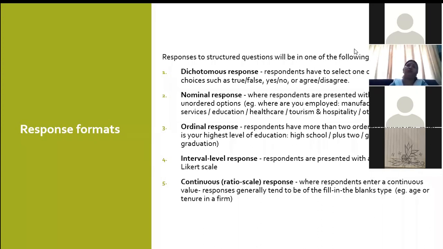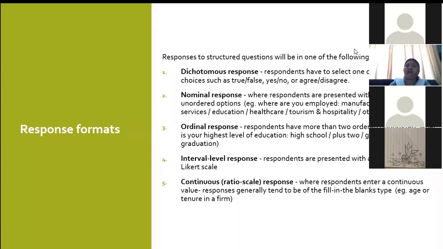So the second option, +2, is higher. Graduation is a still higher option. Post-graduation is another still higher option. So the respondent has to select the option. If his educational qualification is +2, he has to select that. So in the case of ordinal responses, there are ordered options.